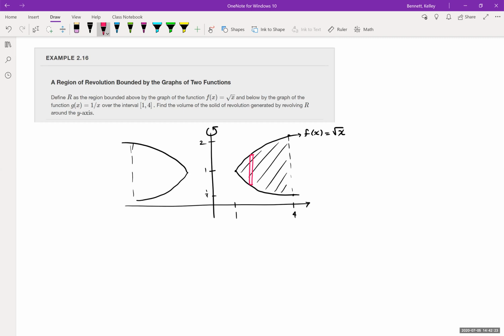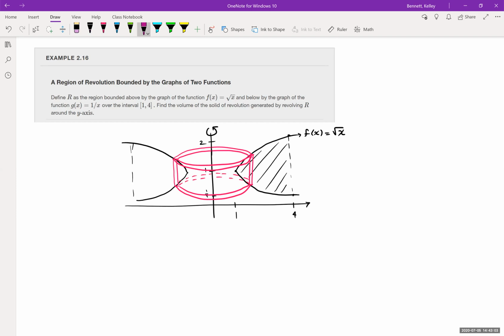And this is the thing that I'm going to rotate about the y-axis. So my cylinder looks like this.